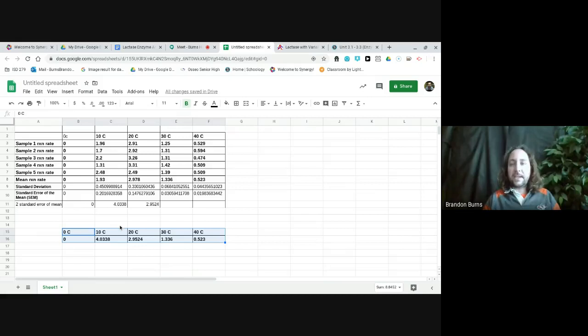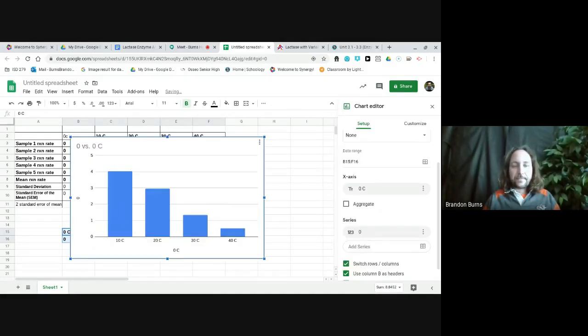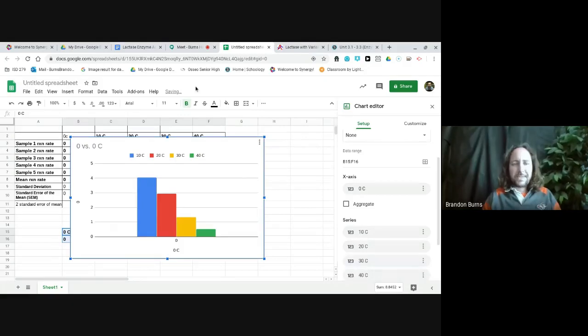Okay, so I want to graph this data. So let's go back into insert chart here. Why is this looking like that?